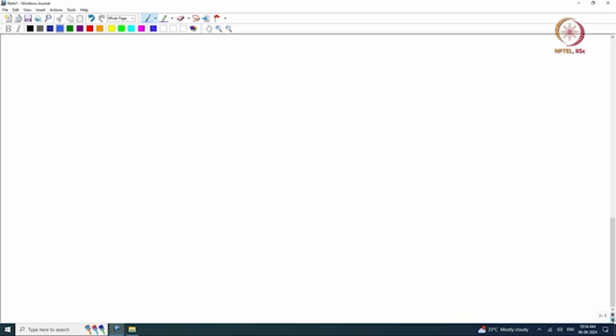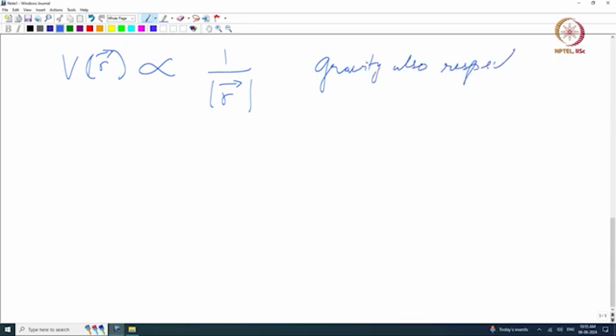Yeah, exactly. The potential is proportional to 1 by the modulus of R, the magnitude of R. So put differently, there is spherical symmetry baked into it, which we saw in the first lecture also. So again that tells you that gravity also respects parity. Okay, these are all different ways to say the same thing.